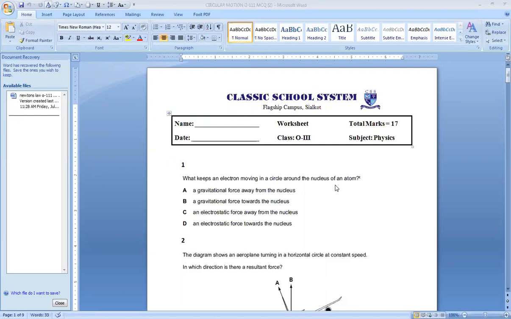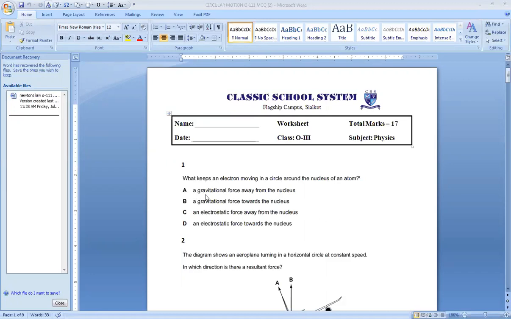I'm not going to the options first. First, I'm deciding what to do. I know electron is moving around the nucleus because of electrostatic force, and that force has a resultant towards the center. So that's what I'm going to find in the options.